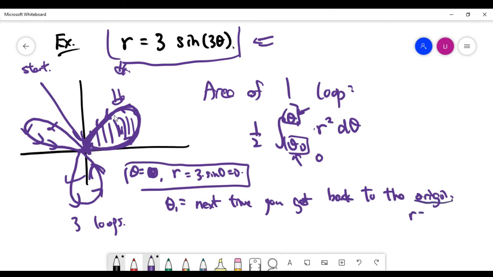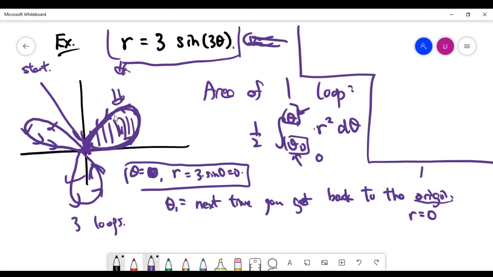Getting back to the origin means r is 0. The r is the function at the top here, so we make r equals 0, which means 3 times sine 3 theta is 0, which means sine of 3 theta is 0. There are infinitely many solutions here, because sine x equals 0 gives many solutions like x equals 0, pi, 2 pi, and so on.